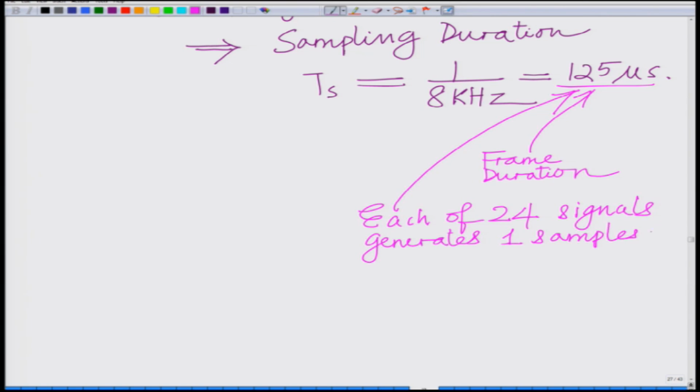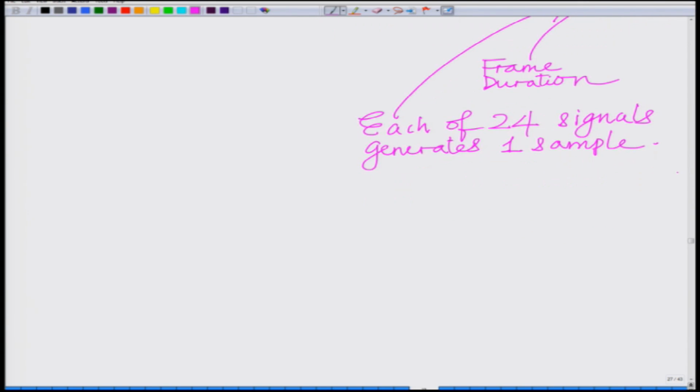In a frame duration, each of the 24 signals generates one sample. Each sample is quantized using 8 bits. So, in a frame duration you have the number of bits in frame equals 24, number of signals, into 1 sample per signal, into 8 bits per sample.